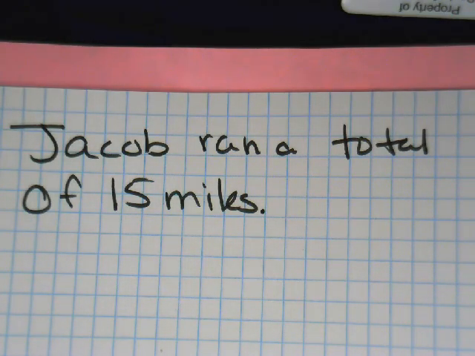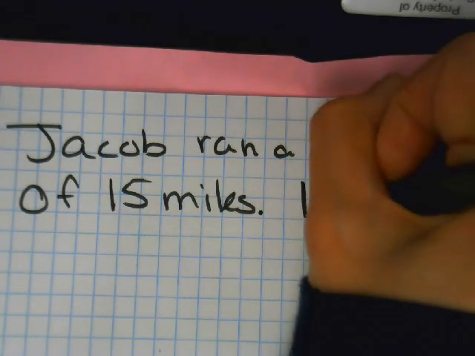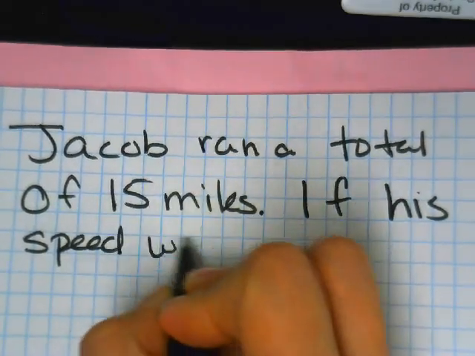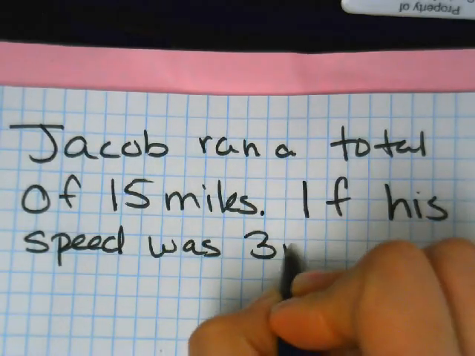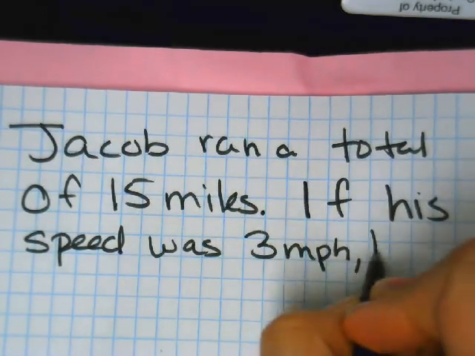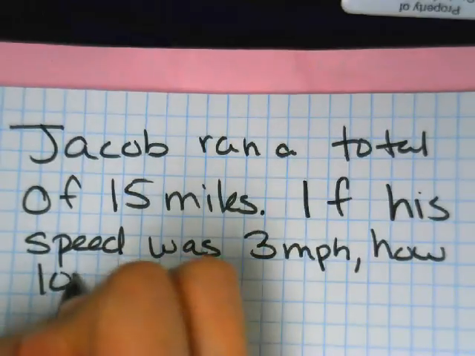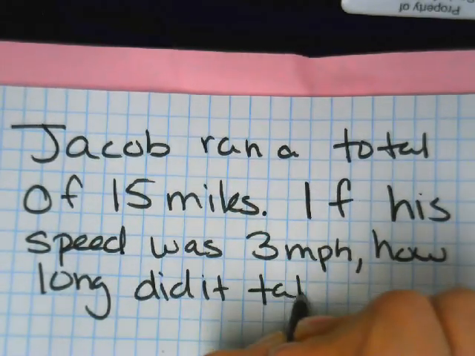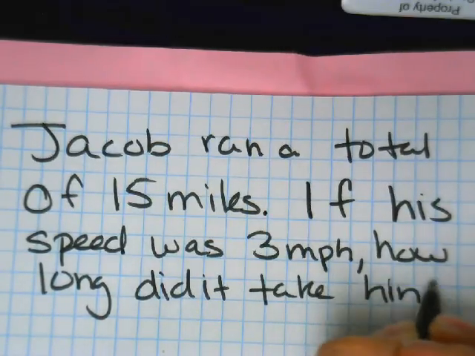So at the end on Sunday, his coach said, hey, you ran 15 miles this weekend. Whoa. If his speed was 3 miles per hour, how long did it take him?